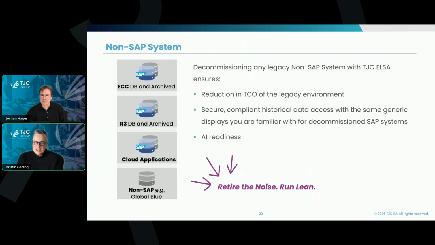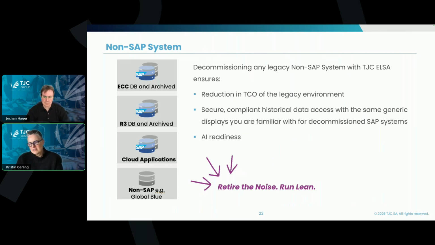Jochen, I think, mentioned it earlier already. We do not just handle ECC environments. We can do any type of ECC system and decommission it, or an ECC adjacent system like CRM, SRM, or the industry solutions systems. We can also go into and look at even older systems if you have them around still and need to decommission those. And then there are the cloud applications.